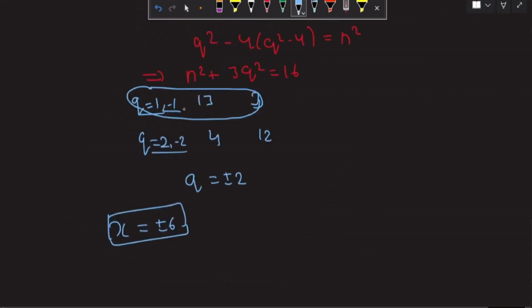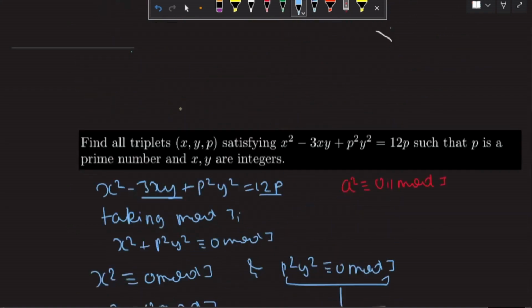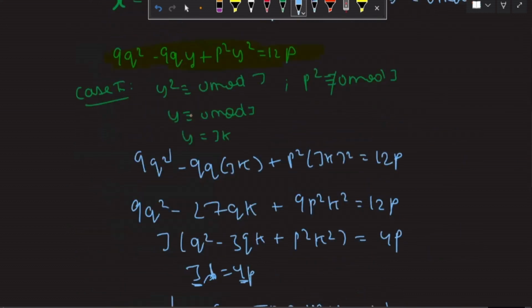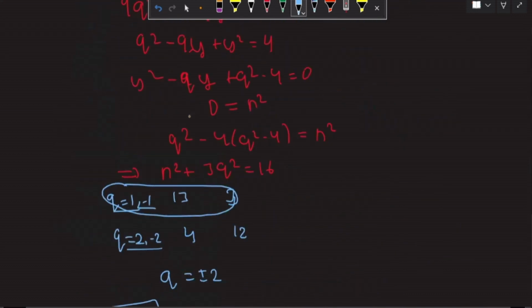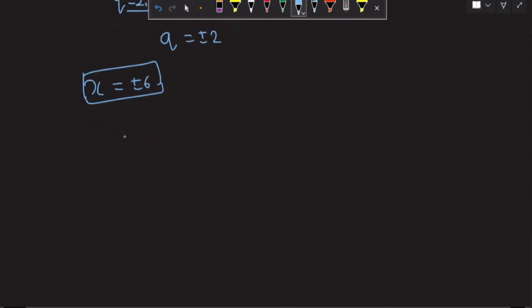Now, if we take x is equal to 6 in the original equation, we have 36 minus 18y, and we are taking p is equal to 3, so it becomes 9y square is equal to 36.